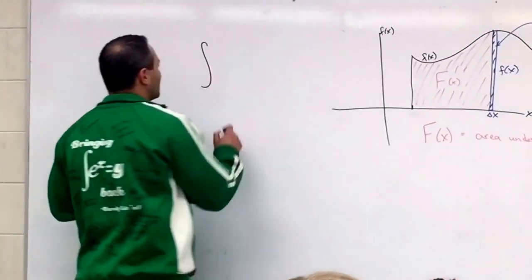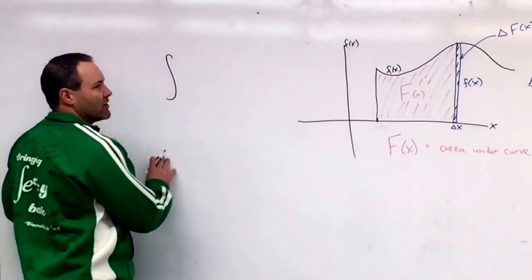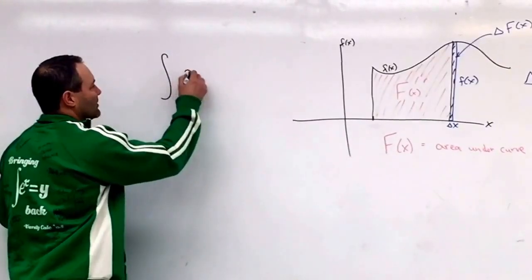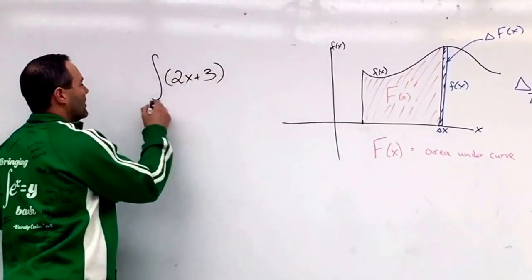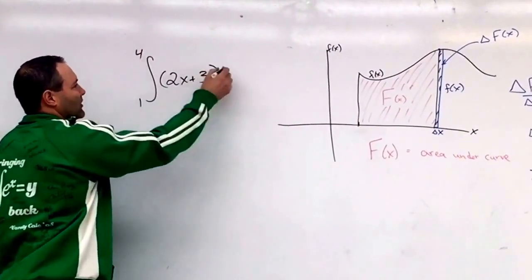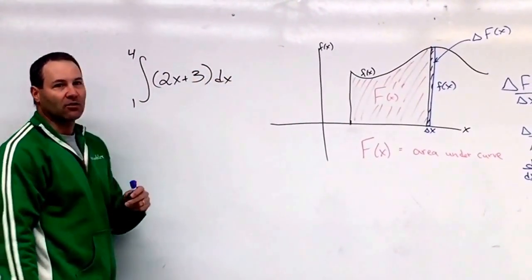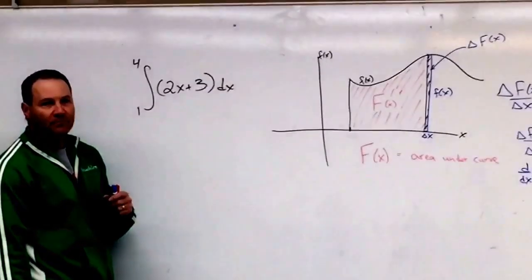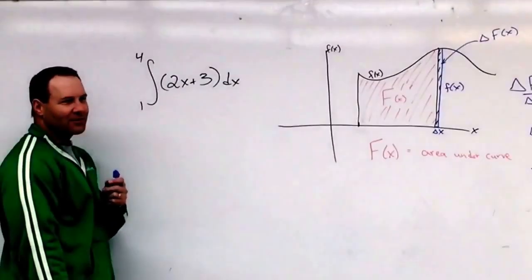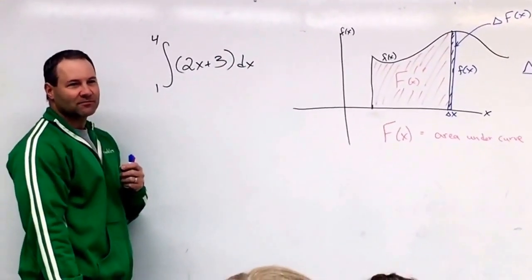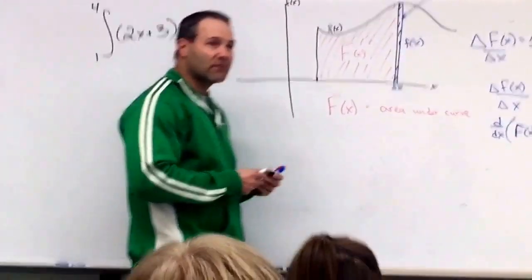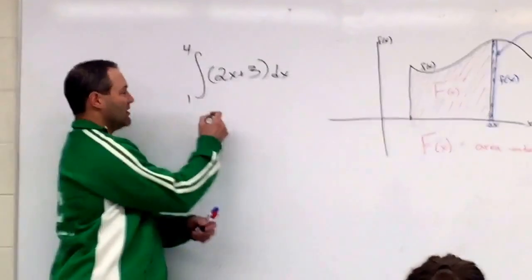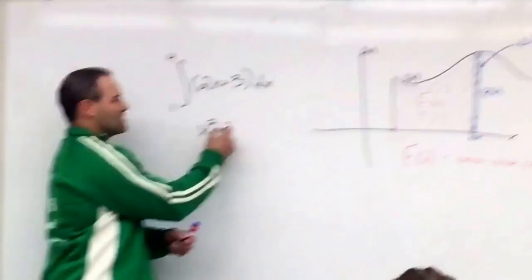So, let's try something: the integral of 2x plus 3 from 1 to 4. Can we figure that out? No calculator. Find the antiderivative and evaluate it. It's x squared plus 3x.